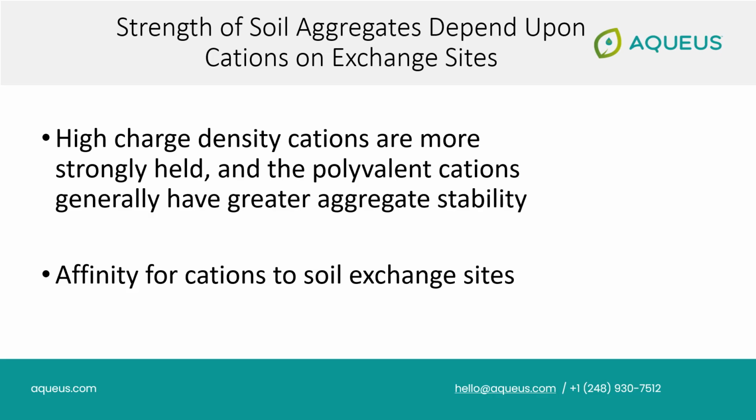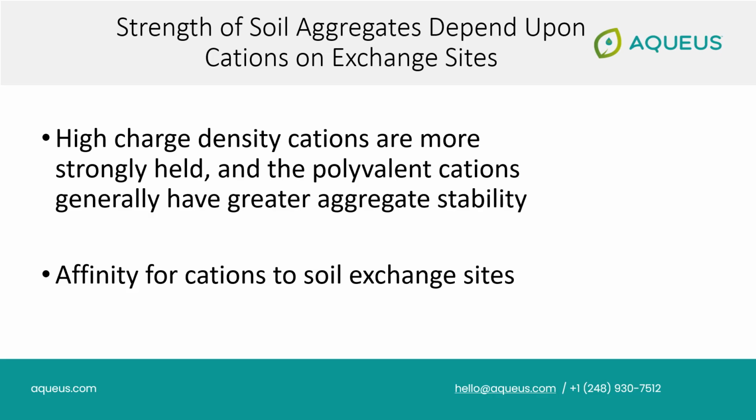The high charge density of cations determines how well the soil structure is and how strong the aggregation is. For example, sodium is a cation, but it doesn't promote aggregation very well. If we have a soil dominated by sodium, it tends to disperse the particles rather than aggregate them.